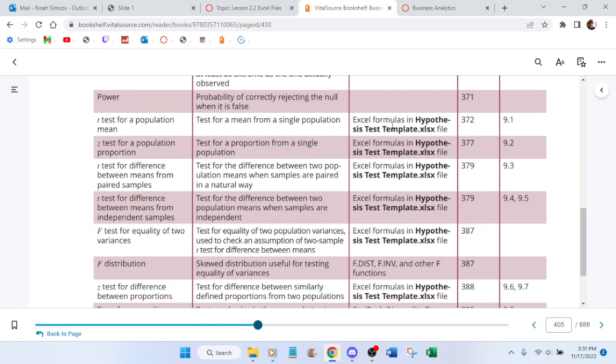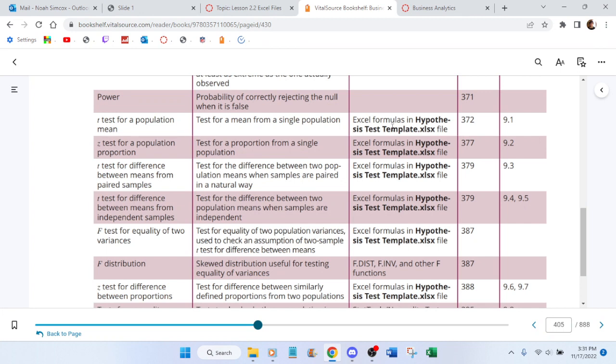Z-test for a population proportion. Test for a proportion from a single population. T-test for difference between means from paired samples.